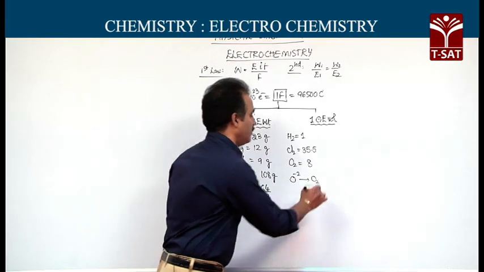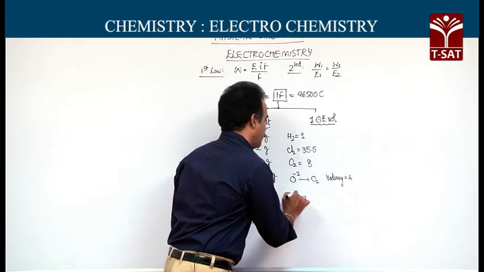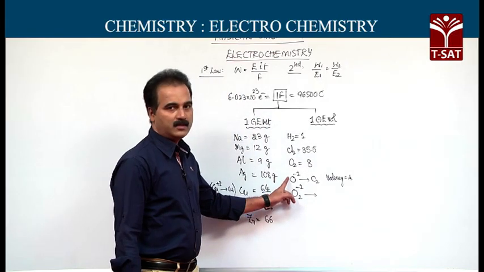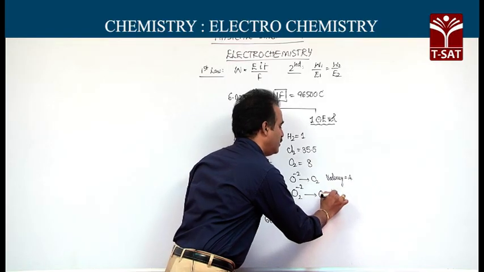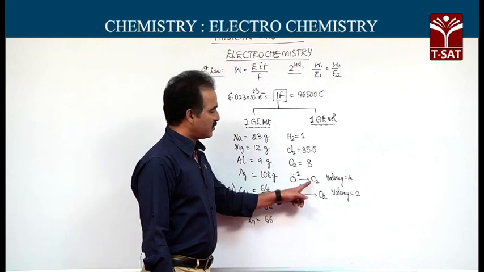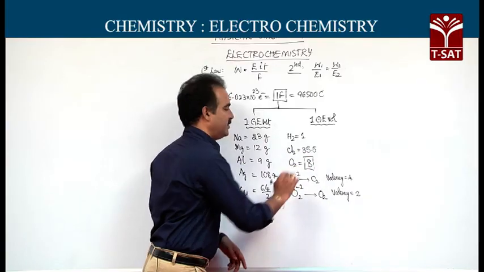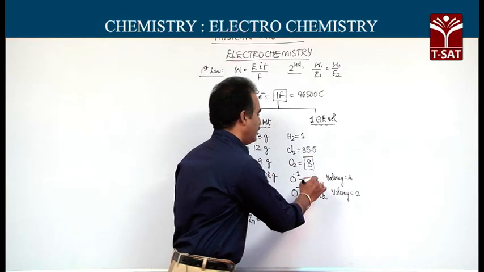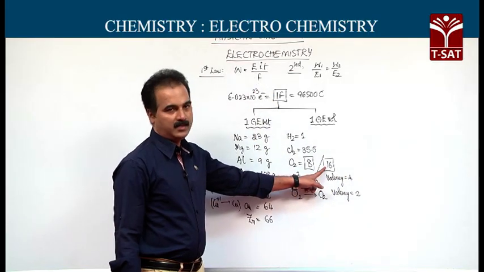If oxygen comes from the peroxide ion, then the valency is 1. So when oxygen is obtained from oxide compounds, equivalent weight is 8, and from peroxide compounds it will be 16. This should be kept in mind.